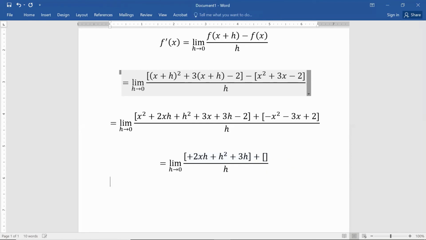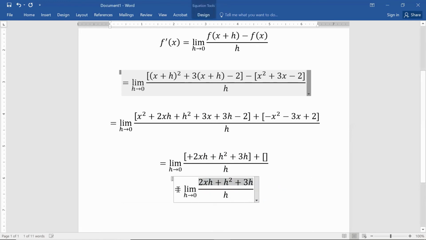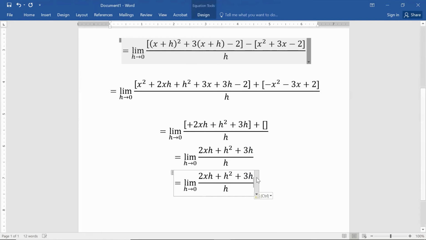So notice what we get here. We're getting an expression whose numerator is 2xh plus h squared plus 3h. Notice that everything in the numerator, by design, has an h in it.